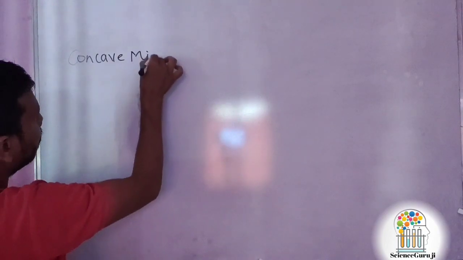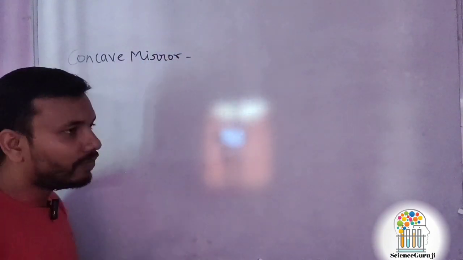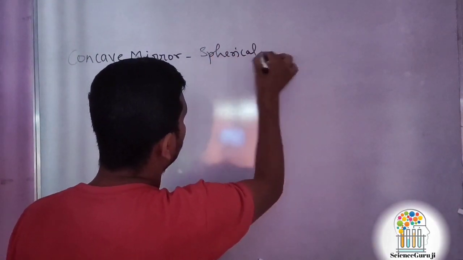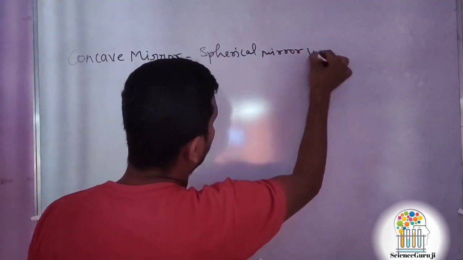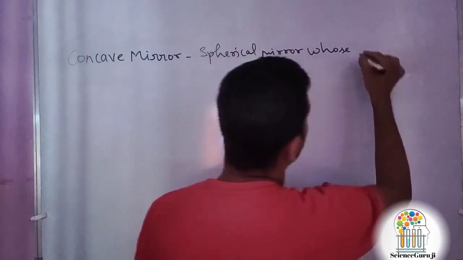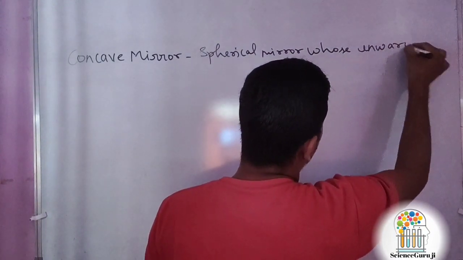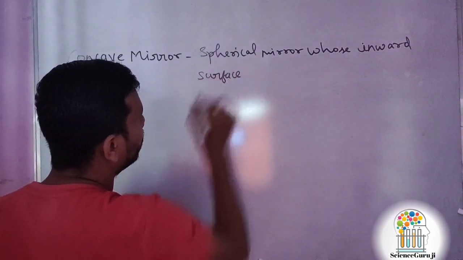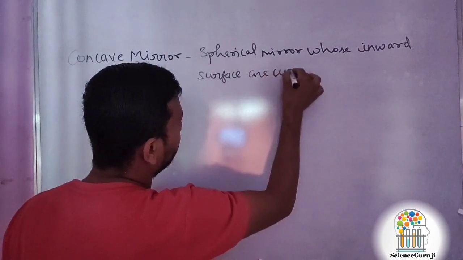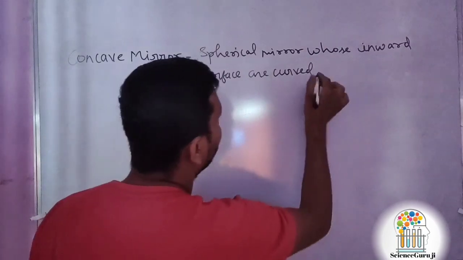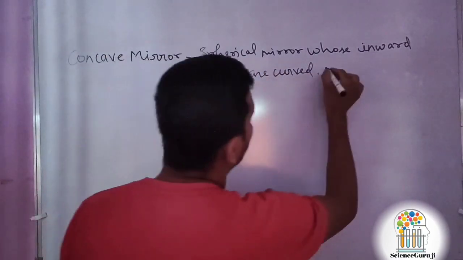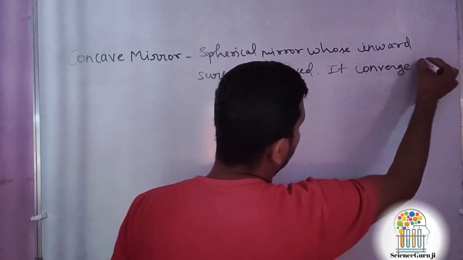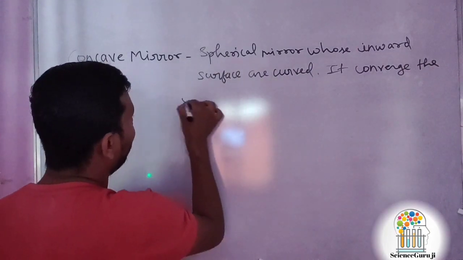Concave mirror. The proper definition of a concave mirror is: a spherical mirror whose inward surface is curved, and it converges the light beam.